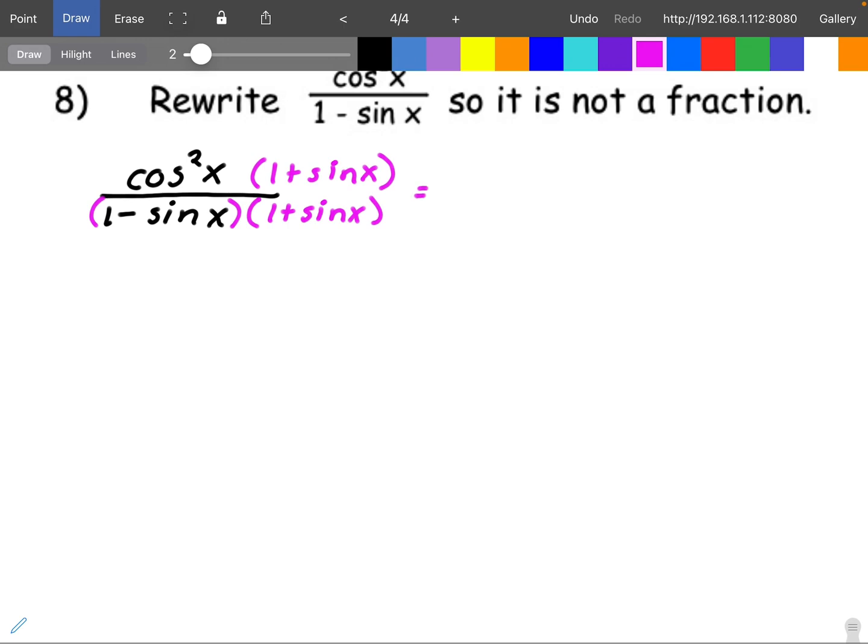When I do that, I'm going to leave the numerator the way it is for the moment. I may mess with it later, but for now I'm going to leave it.